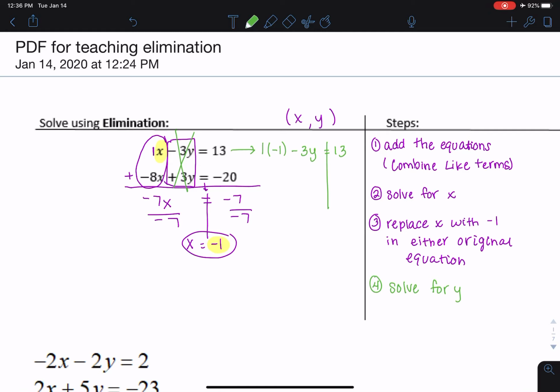So draw your line. 1 times negative 1 is negative 1, minus 3y equals 13. I'm going to add 1 to both sides. So negative 3y equals 14.